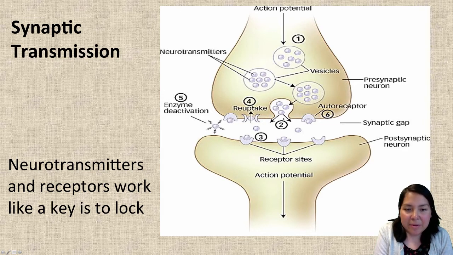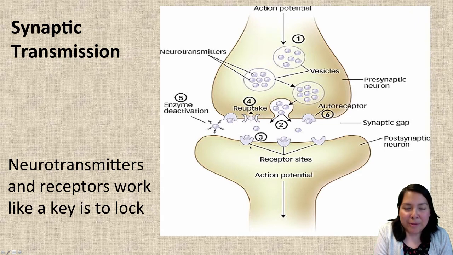In number two, it's releasing the neurotransmitters into the synapse, or synaptic gap. And in number three, the postsynaptic neuron is receiving those neurotransmitters on the receptor sites.